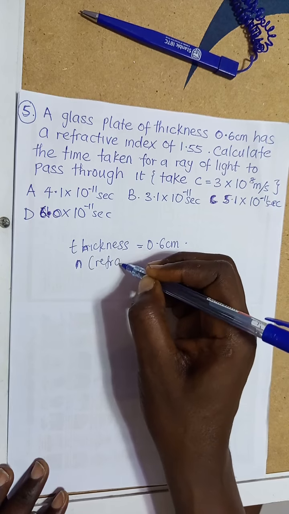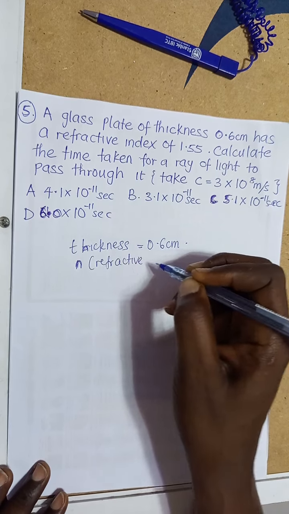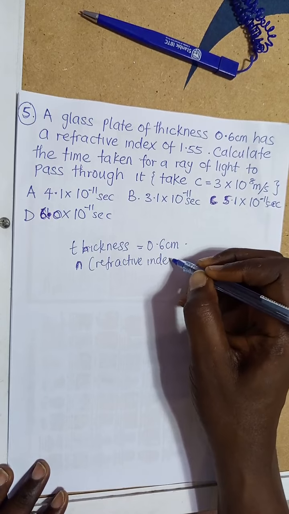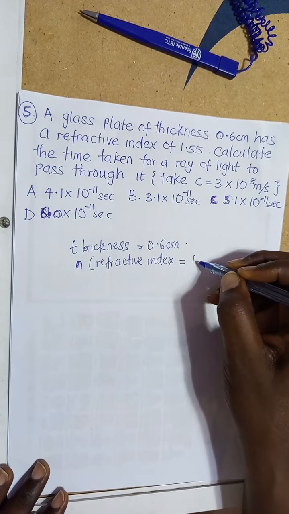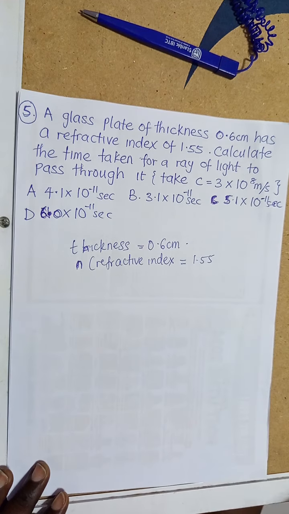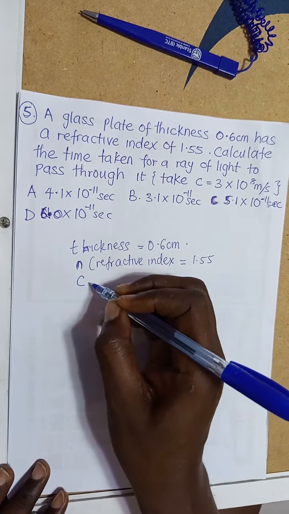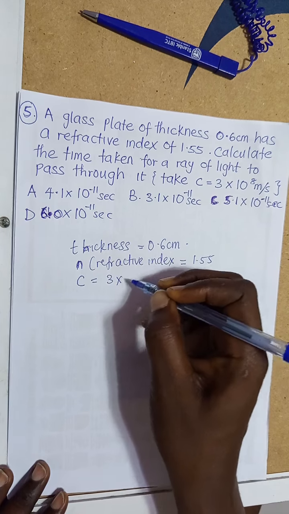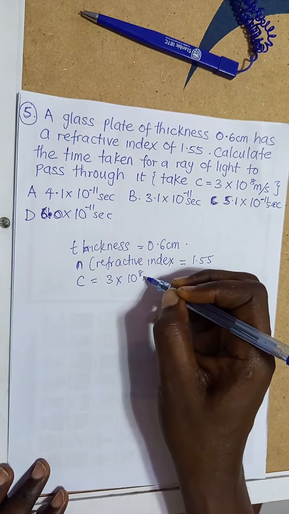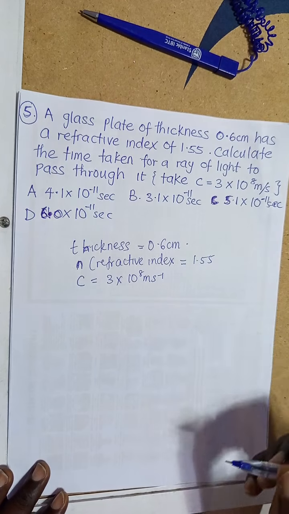Refractive index is equal to 1.55. Calculate the time taken for a ray of light to pass through it. We are given C, the speed of light, as 3 times 10⁸ meters per second.